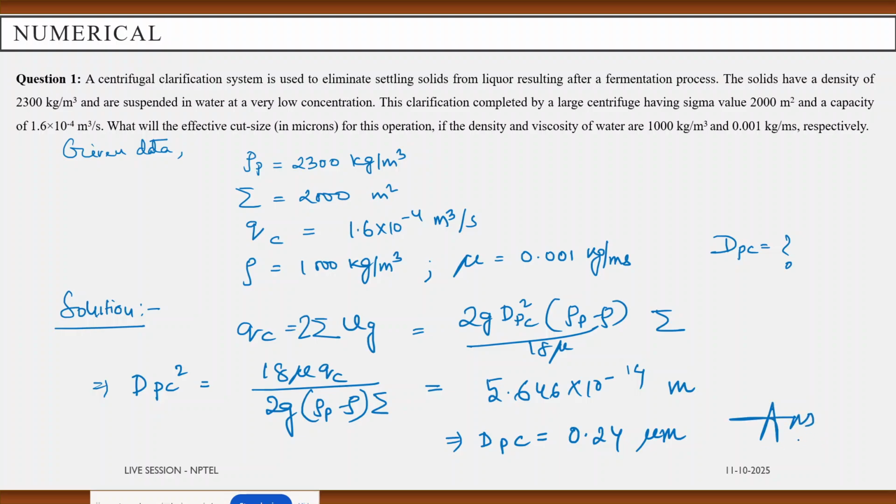So this one is your answer. This is very straightforward. You have to apply the condition for cut diameter.